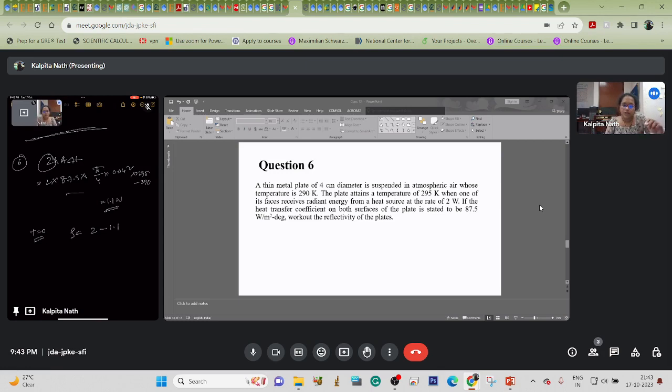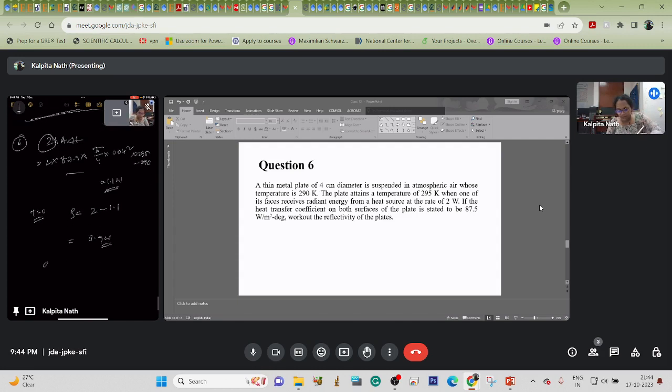So 2 is the radiant source rate, so this will be 2 minus the loss by convection, which is 1.1. So the energy that is lost by reflection is 0.9 watt.